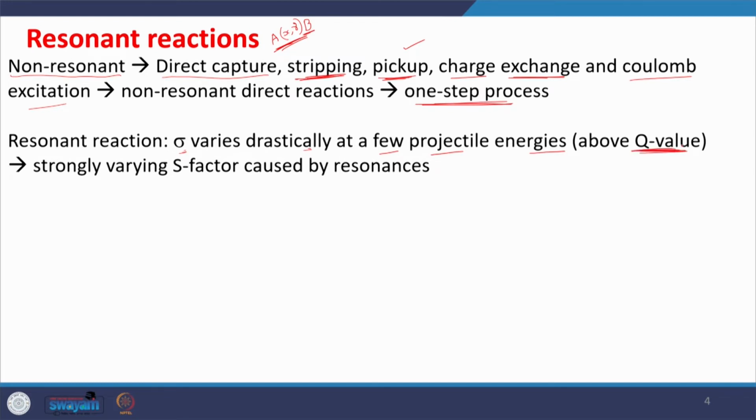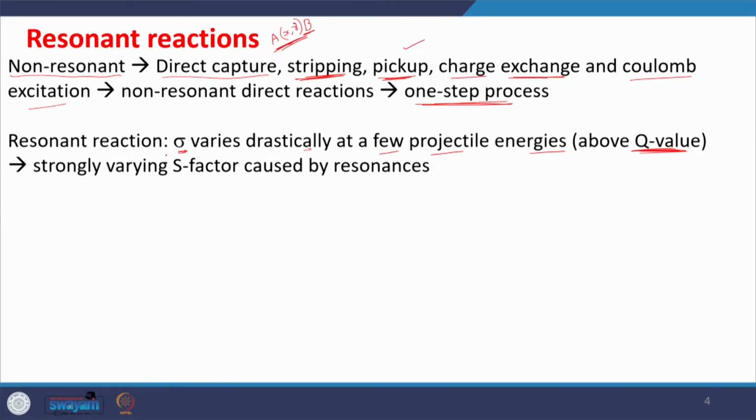The incident projectile energy alone is not above the Q value, but when the incident projectile has some energy, and the projectile energy plus Q value gives rise to an excitation energy that matches one of the excited states in the nucleus, then we can expect a sudden rise in the cross section of the reaction.